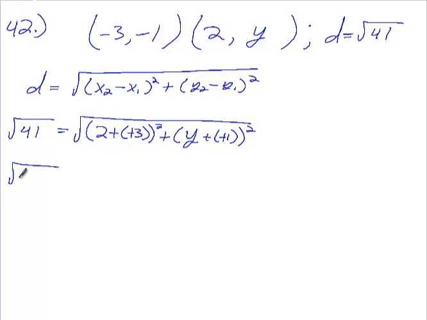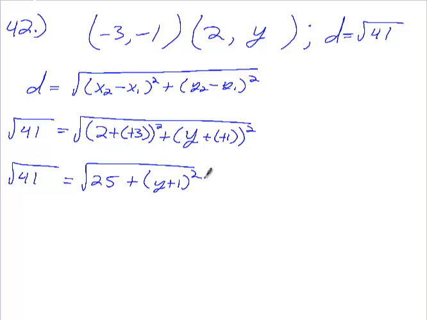All right, so I get square root of 41 equals, what's 2 plus 3? Squared. Everybody okay with that line, yes or no? Okay, again, what piece am I trying to isolate? The y, so I have to get rid of this square root, right?